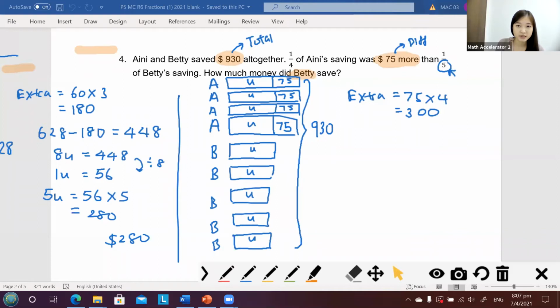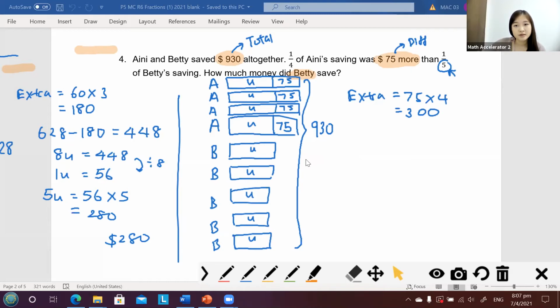Haven't selected, go and select. Not everyone's done, some still doing. We're looking for Betty. Okay, I'm going to stop the poll now. Any final answers you want to select? Quick, go and press. I'm going to end it already.